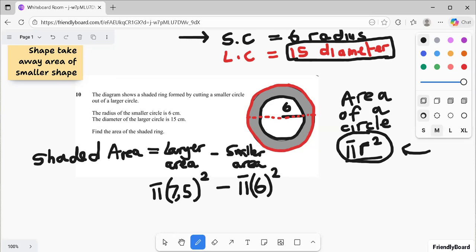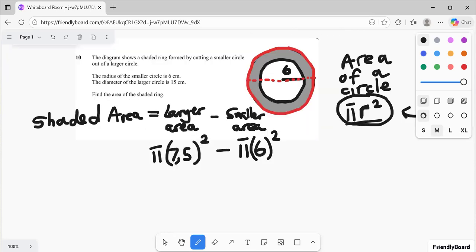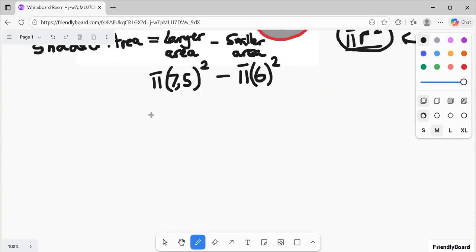Then what's next? Now work it out. 7.5 squared times pi, I can just write as a fraction, 81 over 4 pi.